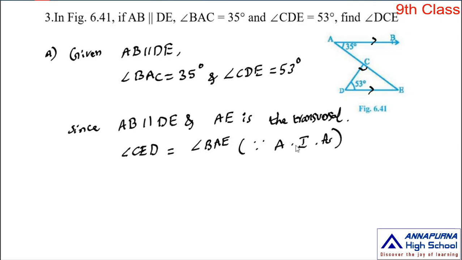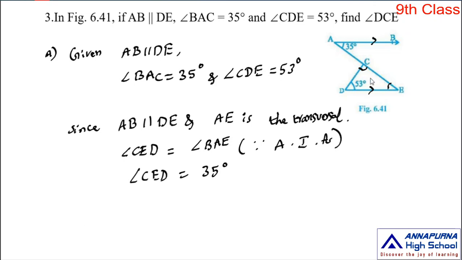AIA means alternate interior angles. Substitute angle BAC is equal to 35 degrees. Angle BAC and angle BAE are same angles. Angle CED is equal to 35 degrees. Angle CED is equal to 35 degrees.